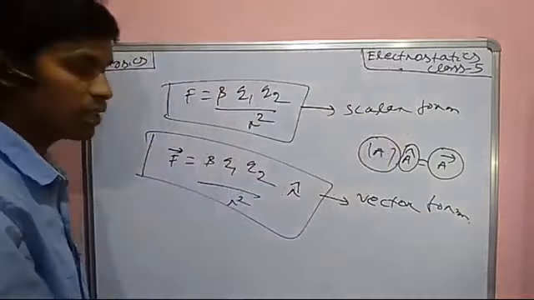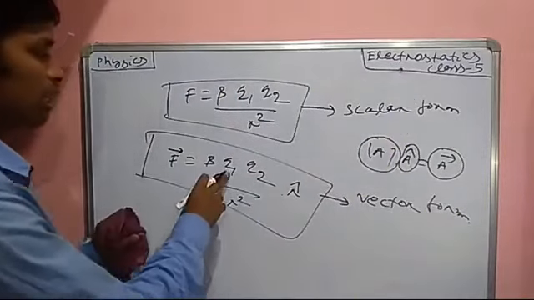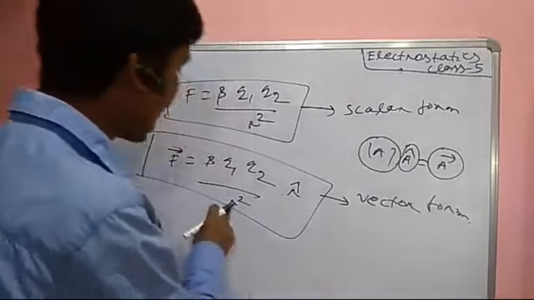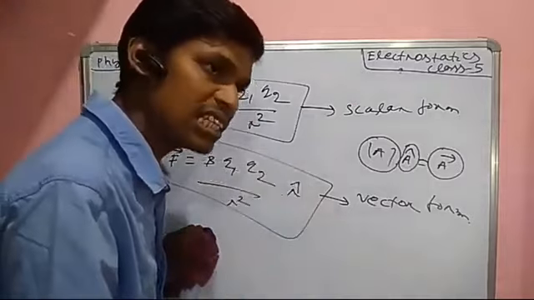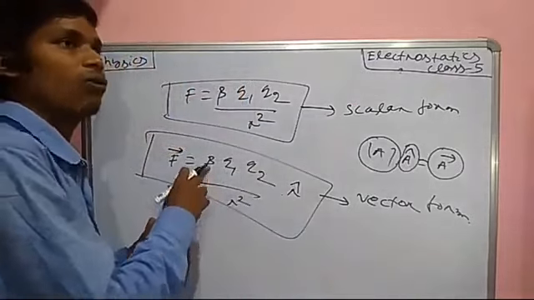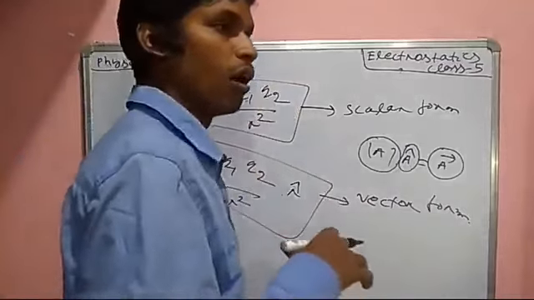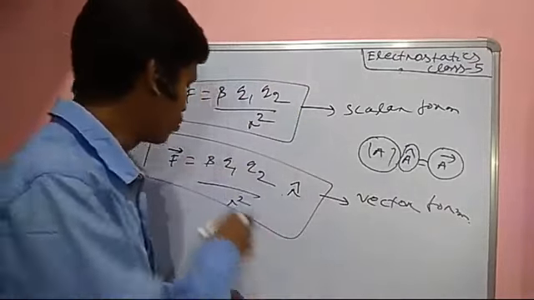Listen. Q1, Q2 are already known, the charges of the two charges. R is the distance between the two charges. But we have to know more about beta.